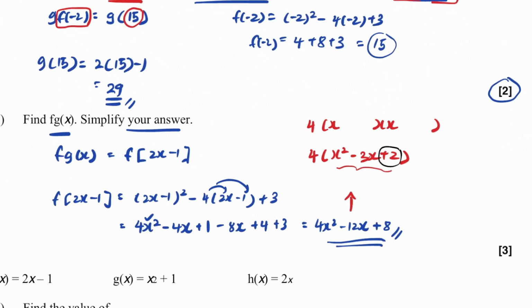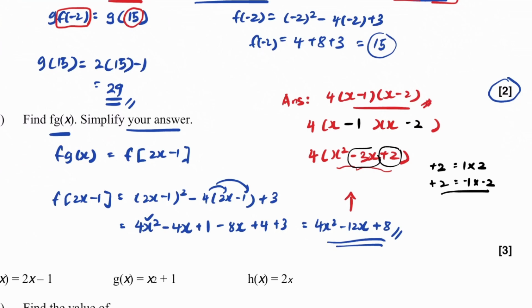What will give you plus 2 is either 1 times 2 or negative 1 times negative 2. So try the second option, negative 1, negative 2. The final answer you will get full marks for would be 4(x minus 1)(x minus 2). This is the answer that has been correctly simplified and factorized.